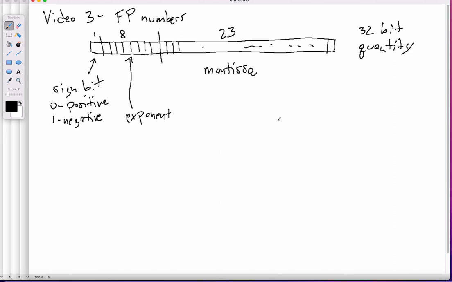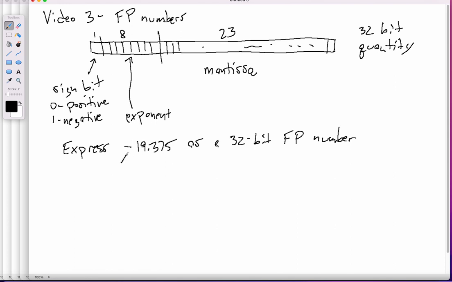So I want to start off with a simple example here. I'm going to say, express minus 19.375 as a 32-bit floating point number. Well, the first part is easy.